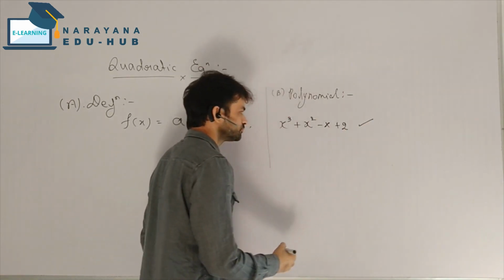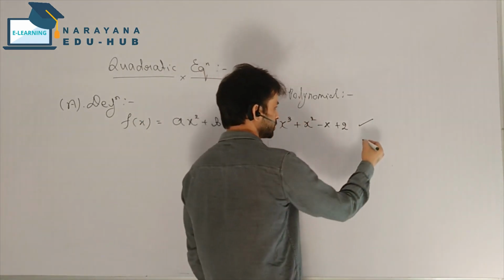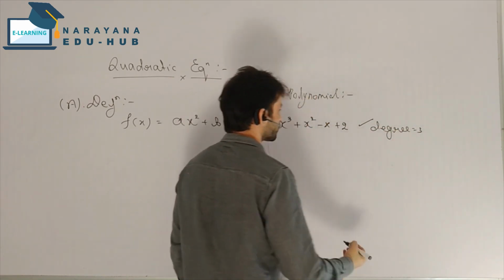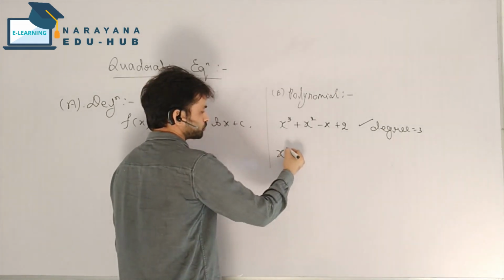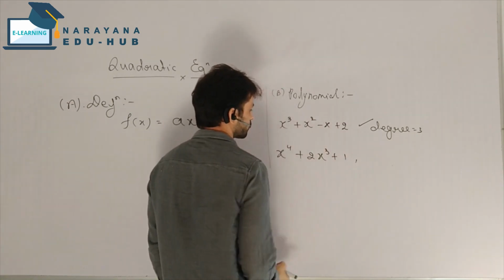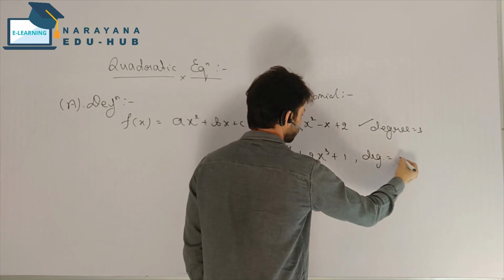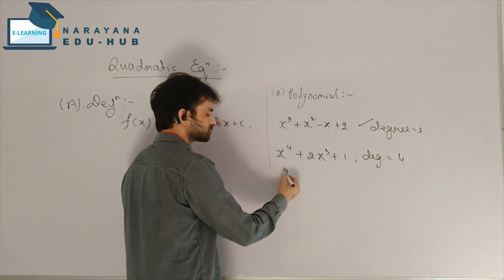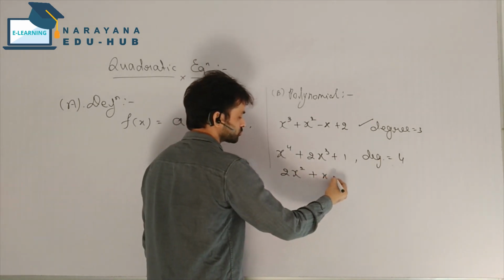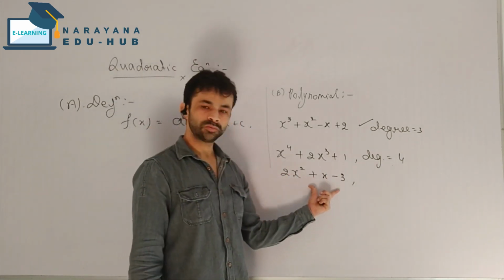If I write this, it is a polynomial of degree 3, since the highest power of x is 3. This is of degree 4, a polynomial of degree 4. This is of degree 2, quadratic.